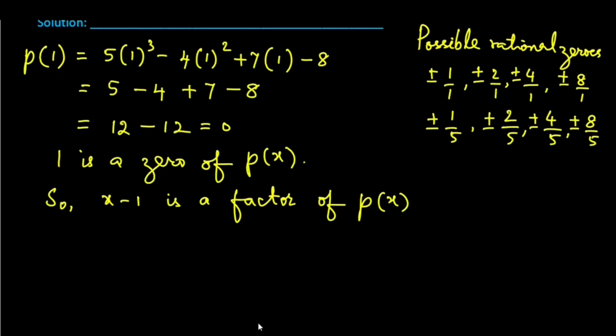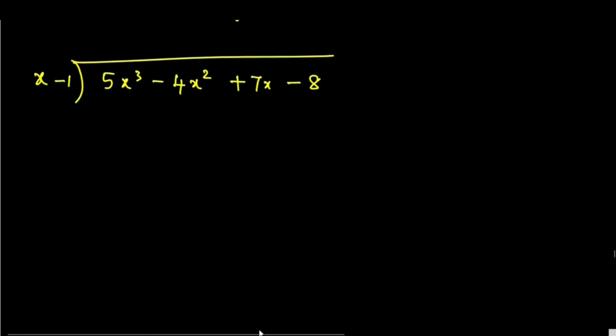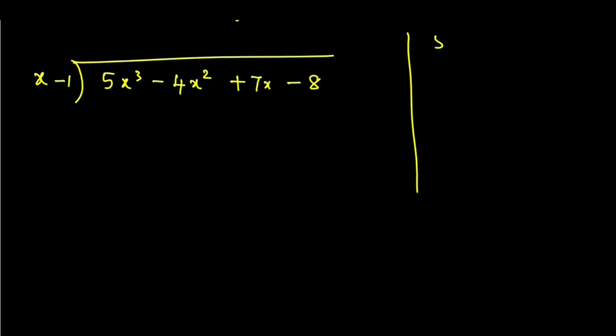Now we have to find the other factors. To find the other factors, we have to divide the polynomial p of x by the factor x minus 1. So let us divide. p of x is 5x cubed minus 4x square plus 7x minus 8. The first term here is 5x cubed.